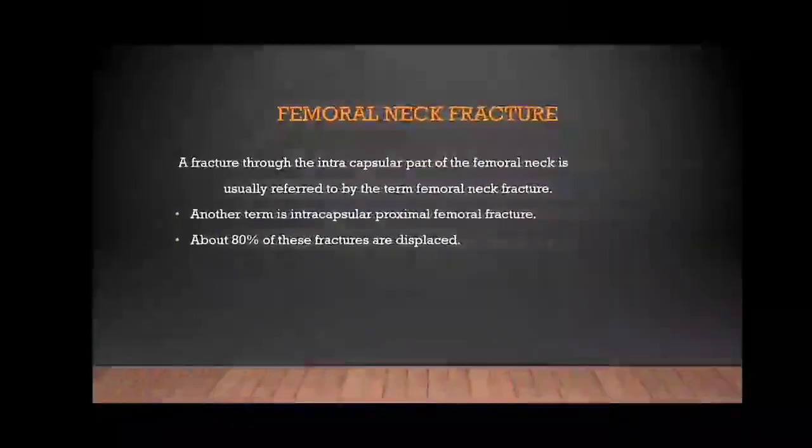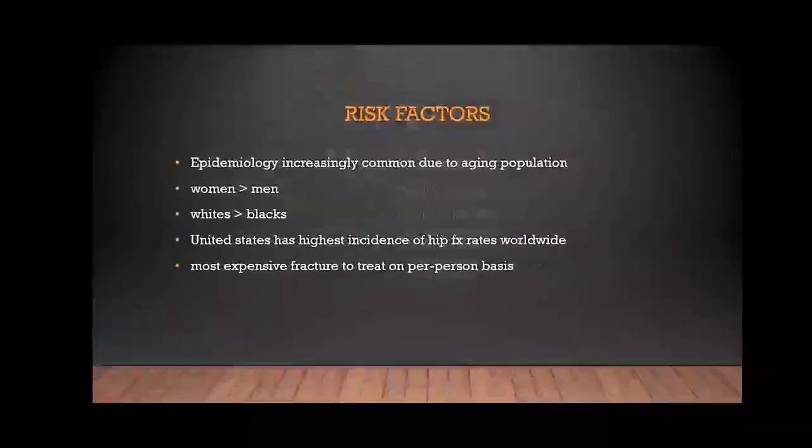Coming to the topic, femoral neck fracture. This is a fracture through the intracapsular part of the femoral neck and is usually referred to as femoral neck fracture. Another term is intracapsular proximal femoral fracture. About 80% of these fractures are displaced. What are the risk factors for this fracture?